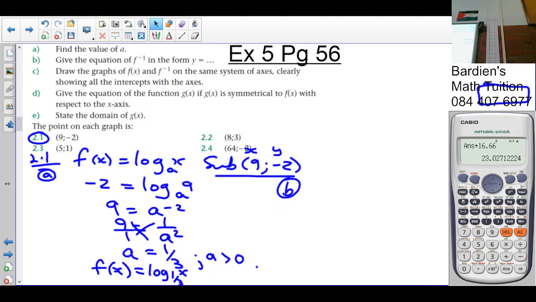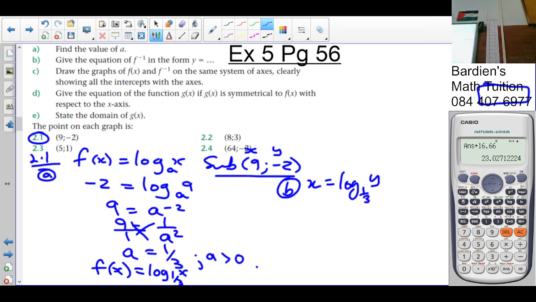So what will that be? What do we do for the inverse function? Interchange x and y. So that would be x is equal to log y base a third.